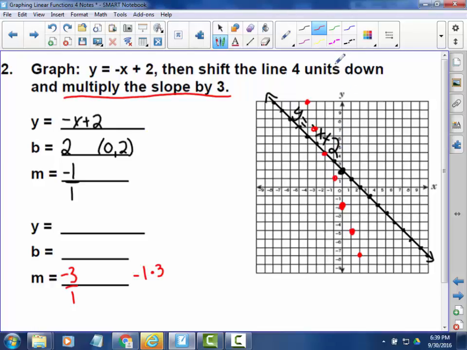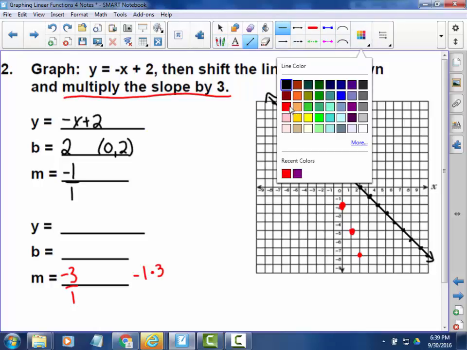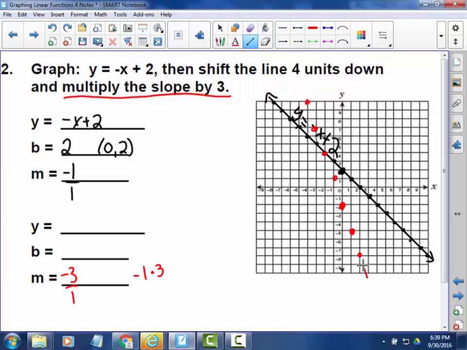Alright, so there's my new line, and we need to put our straight edge to it. Okay, so this is our line.